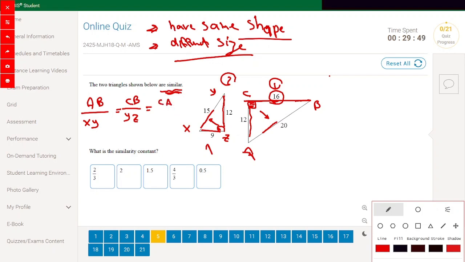They are equal, and the result will be a constant, and these are similar constants.